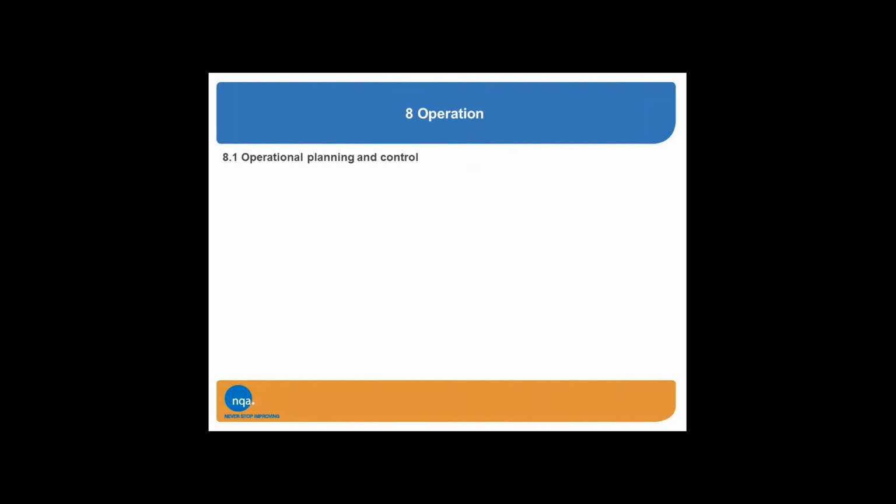So in the black type here, I have operational planning and control. It's quite a short introductory clause lifted directly from Annex SL. Then in the blue text, we have the specific 9001 requirements. I'm not really going to dwell on these because there's not much difference between this and the existing 2008 requirements.